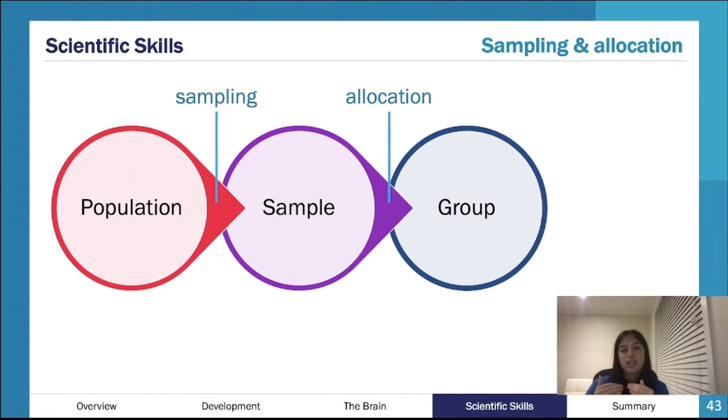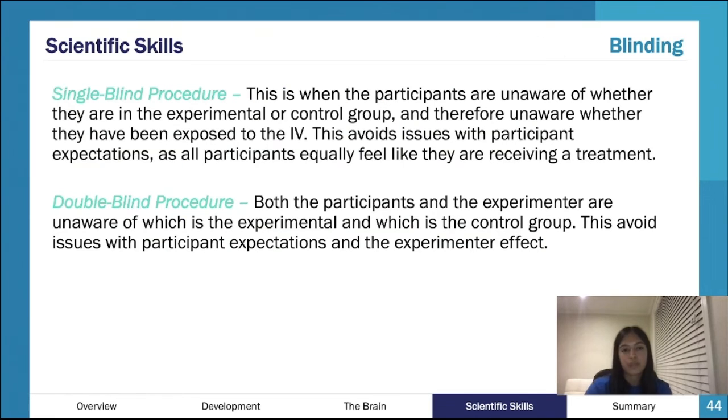So it's important to understand the difference between sampling and allocation. Sampling is actually picking who is going to participate in my experiment. Allocation is who is going to be in the control group, who's going to be in the experimental group. So you'll have random sampling, which is randomly picking who's going to participate, and random allocation, which is randomly picking who's going to be in what group.